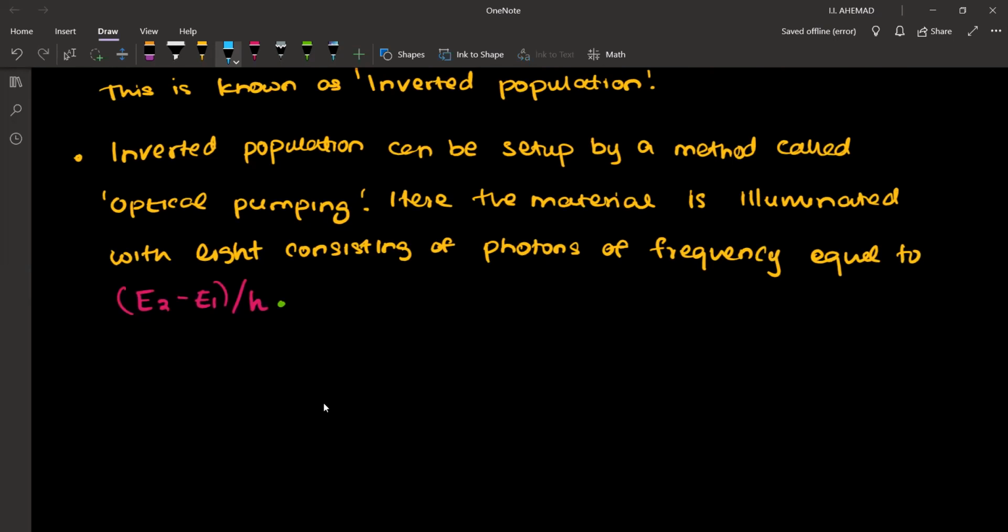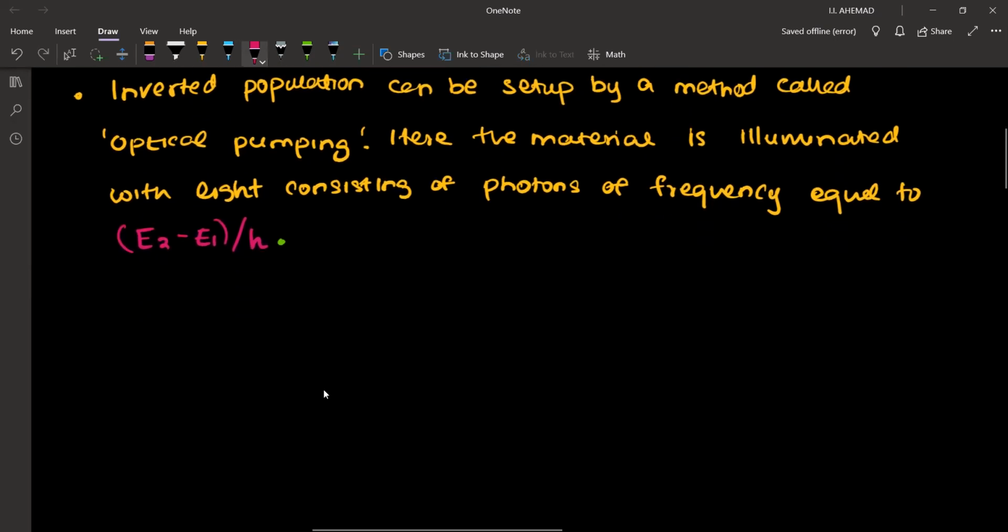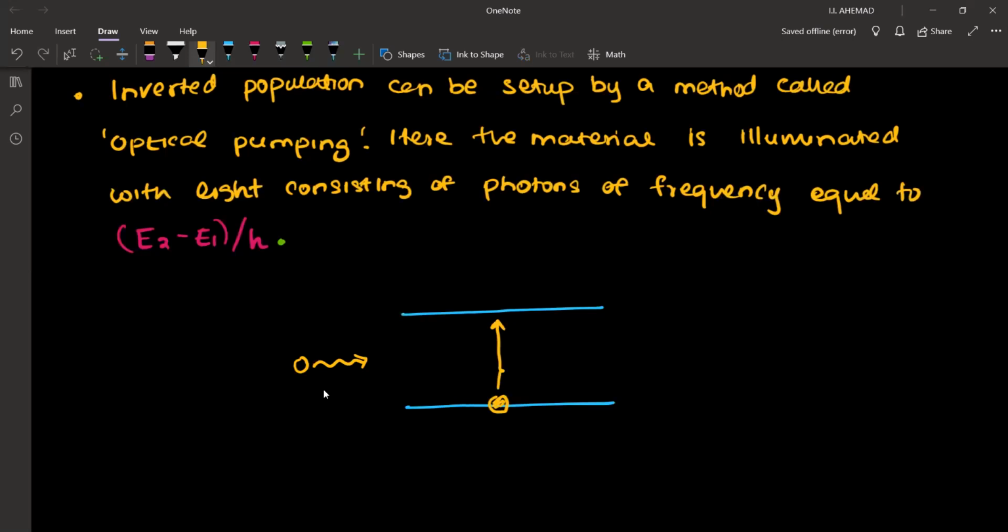But there's a problem here. Now, just think, this is the electron that you are going to optically pump. So you radiate it with a photon, and this becomes pumped.